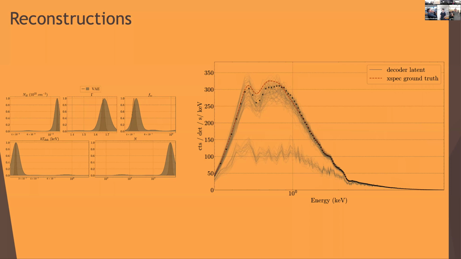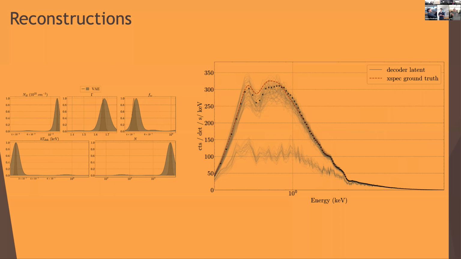And the other question is about these ground truth curves here in gray, because they come from fits to the data using XSPEC. Is that where this ground truth comes from? The ground truth essentially uses the ground truth parameters that XSPEC gave us.